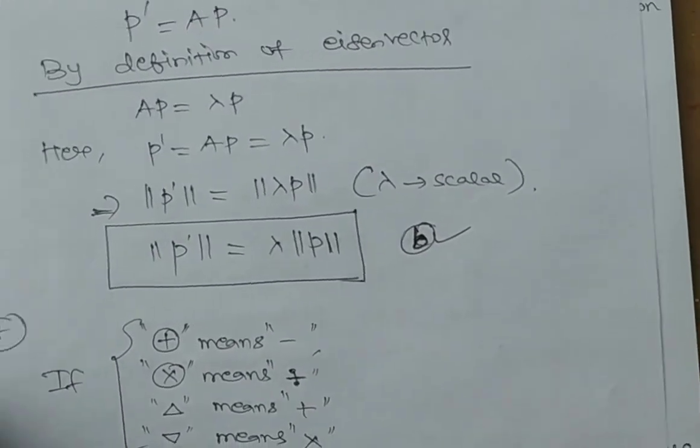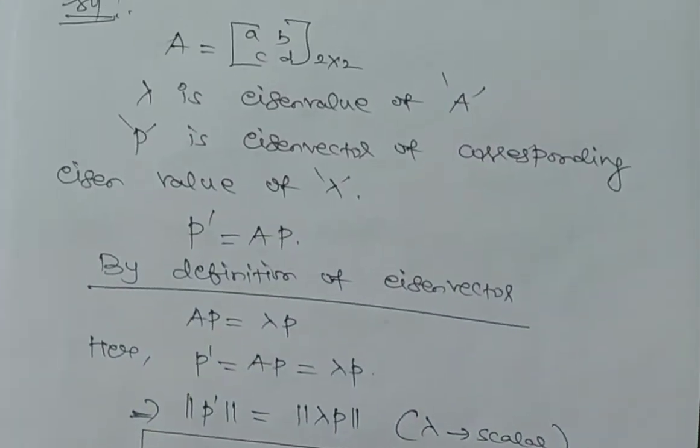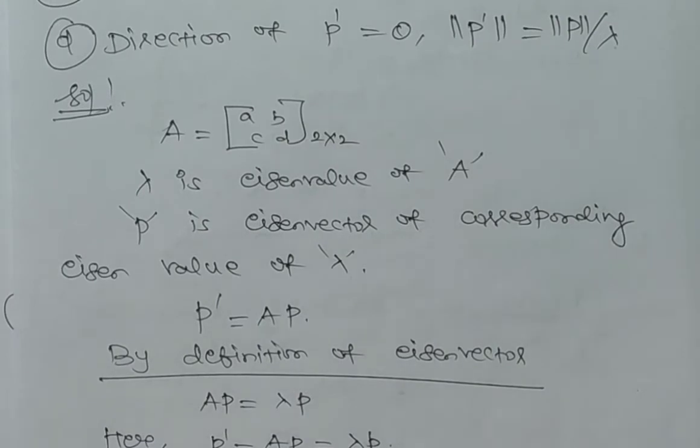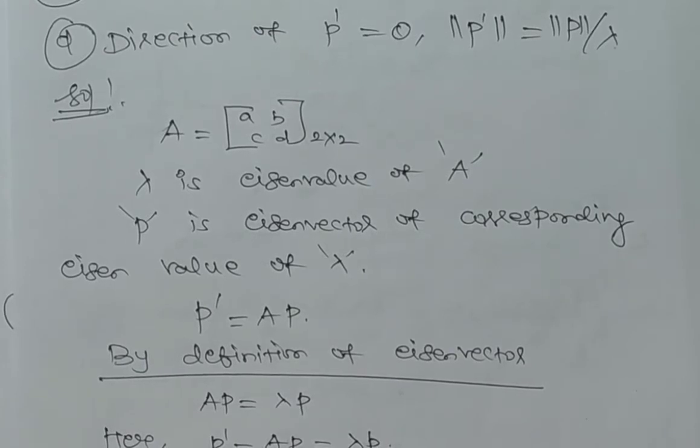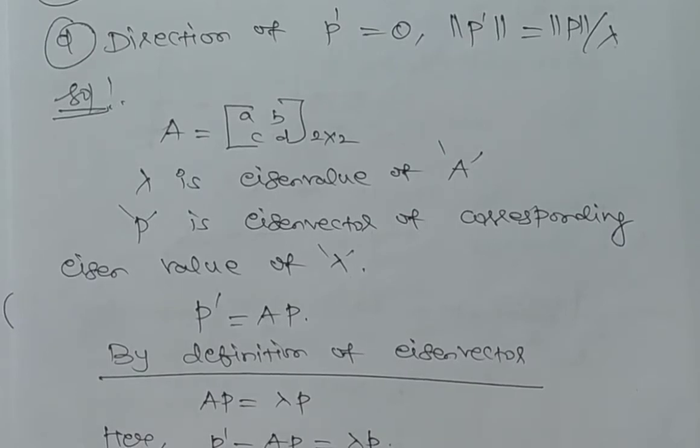This linear algebra problem, on matrix eigenvalues and eigenvectors, is based on basic concepts. Let A equal to a, b, c, d be a 2 by 2 matrix. Lambda is an eigenvalue of A, then B is the eigenvector corresponding to the eigenvalue lambda, then B dash equal to AB.